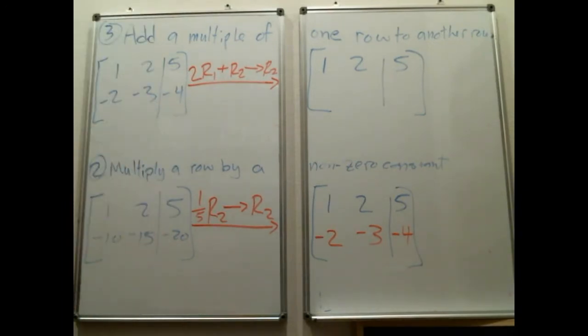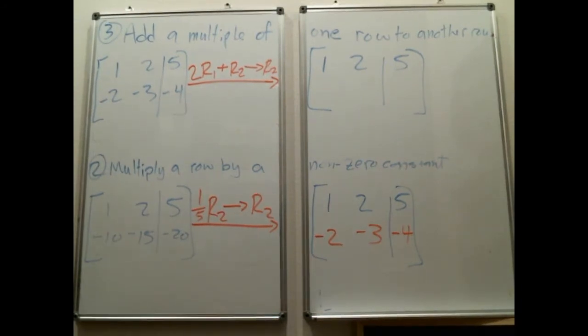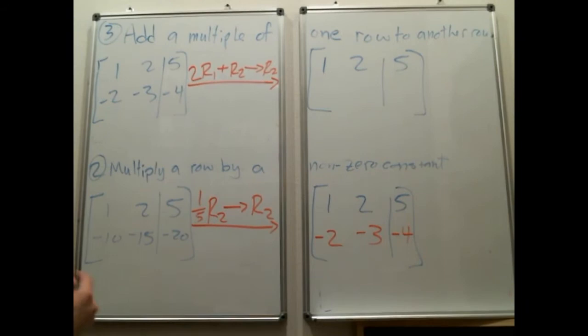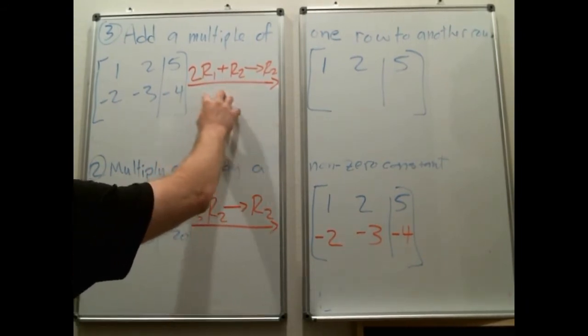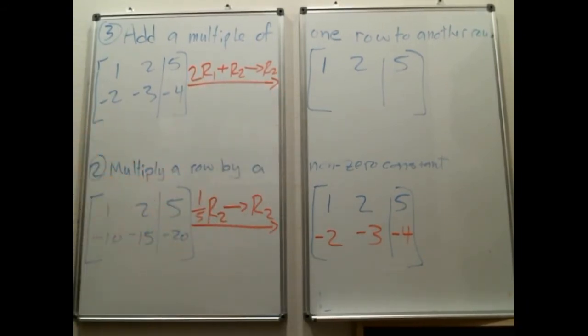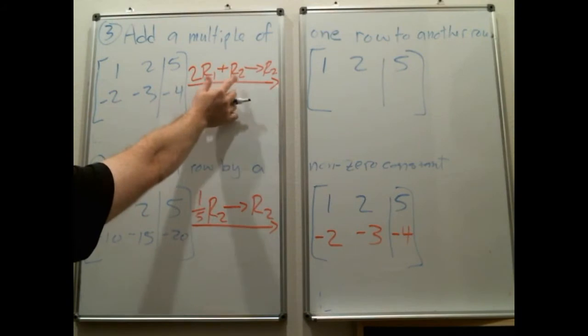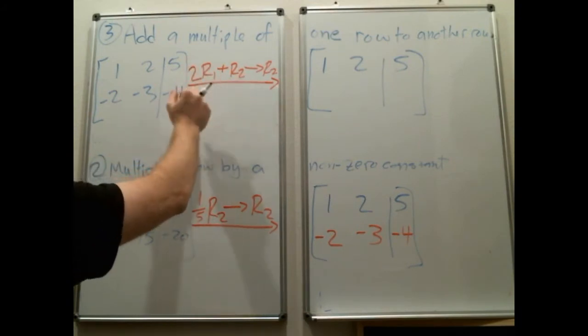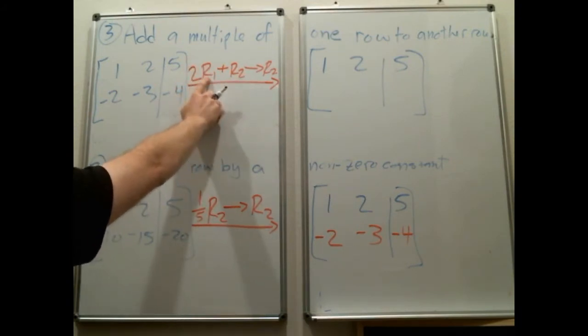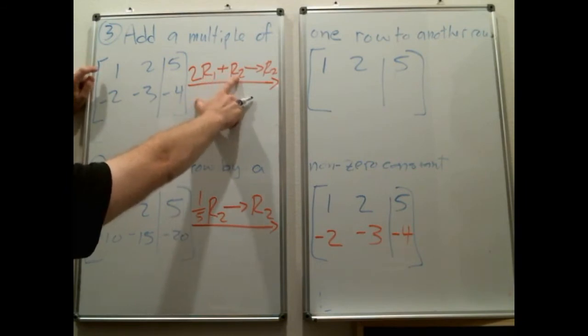Alright, so I'm going to do a little side work here. Follow along with me, maybe watch this the first time, rewind it, and write it as I do it the second time. So what I'm going to do is read this operation, and I'm going to write it as I do it. So 2 times row 1 plus row 2.